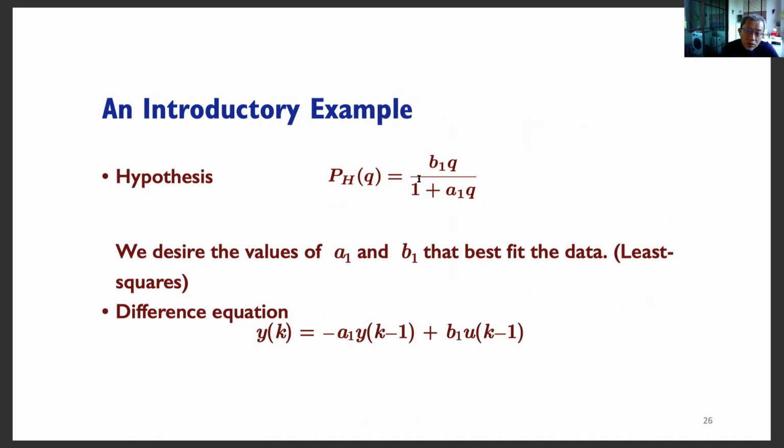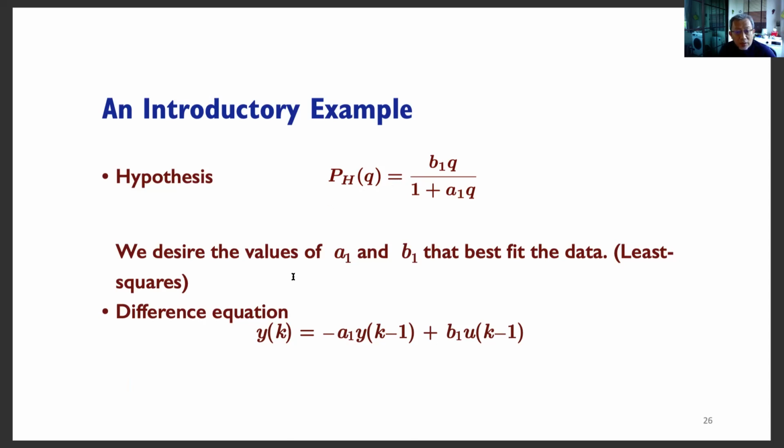Q is equivalent to the Z in the discrete form. Some people use Z, especially in British books, but in the US they usually use Q. But both are the same, a discrete form, the discrete shift operator.